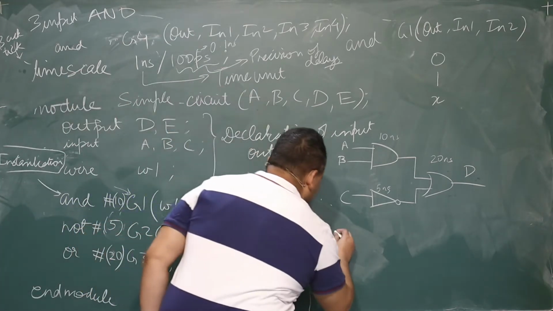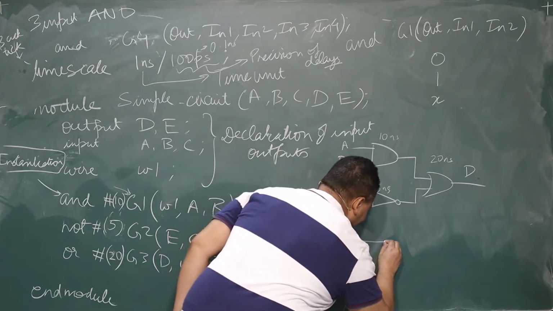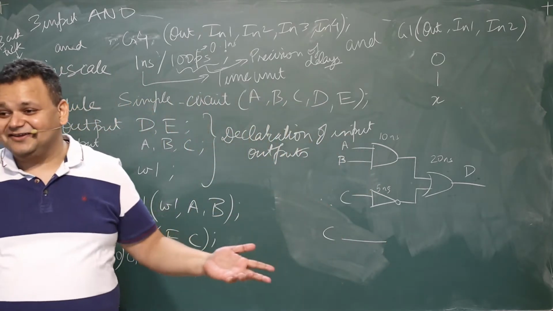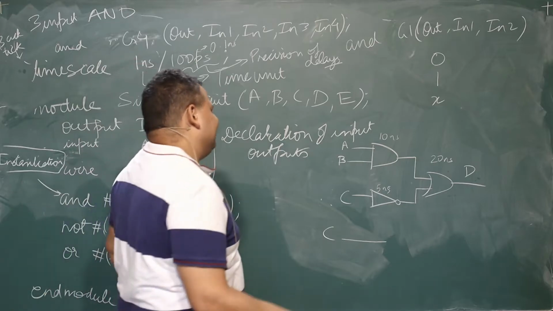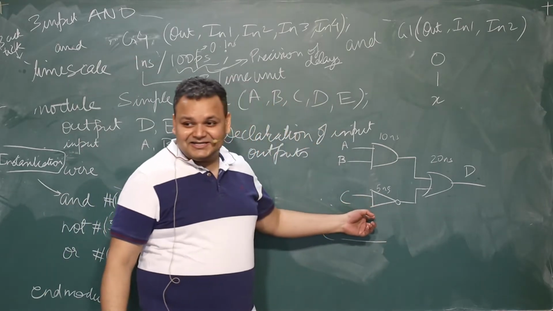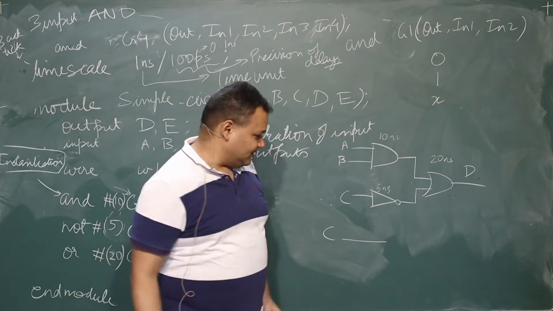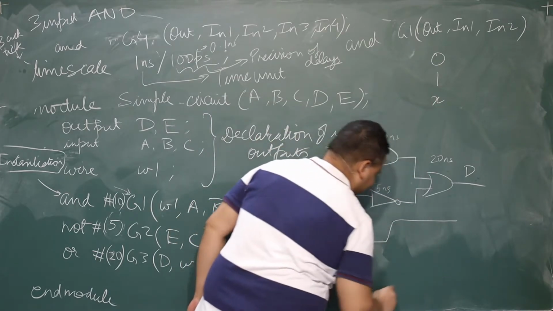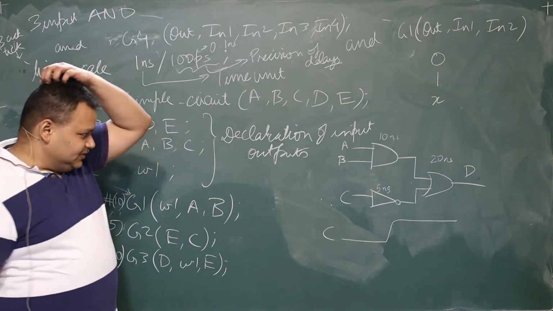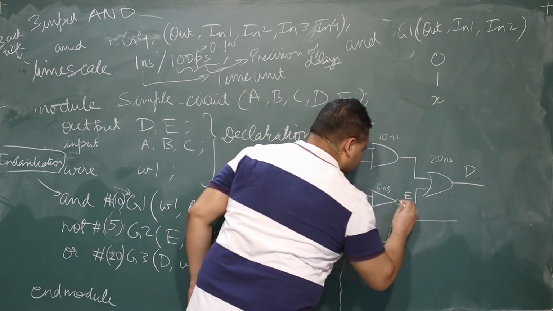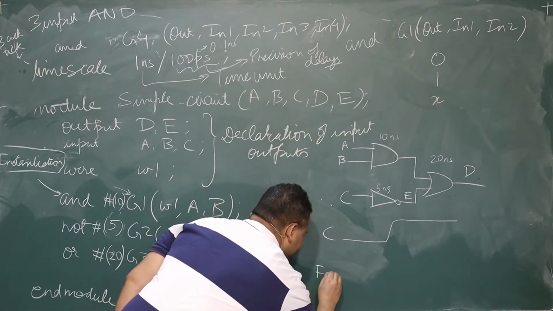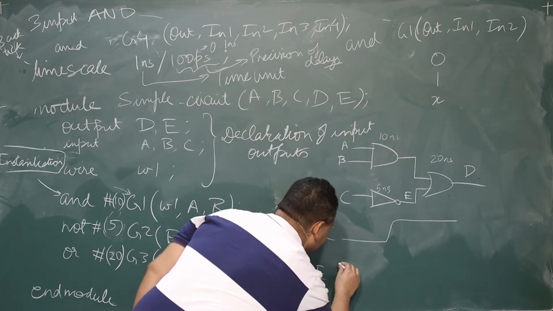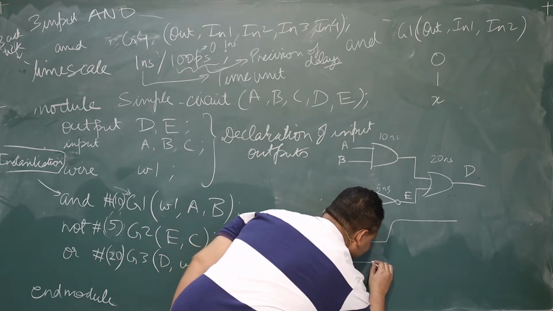If this is the input, C, it looks something like this. Again, C will not change instantaneously either. C will also take some time because it's driven by a real world circuit. So let us say that C changes like this. Here this is E. Now E is going to look something like this.